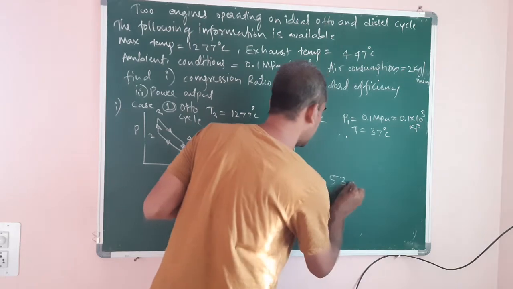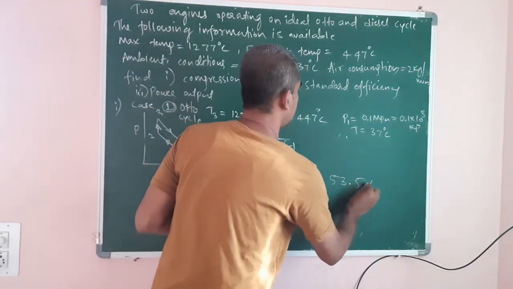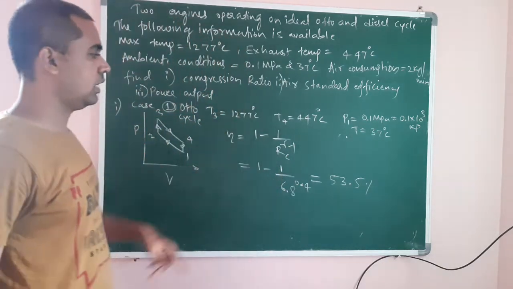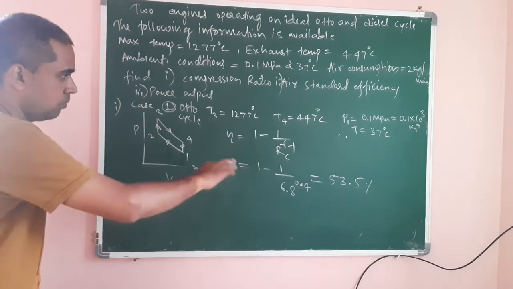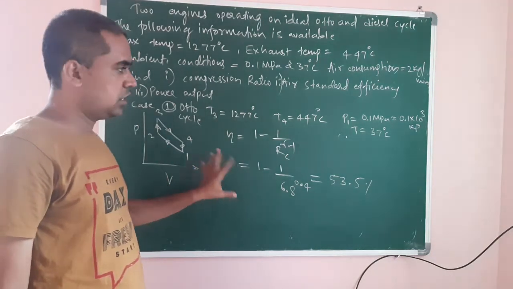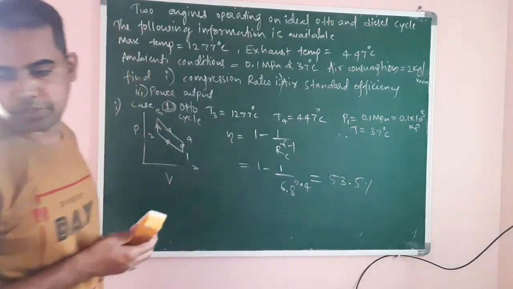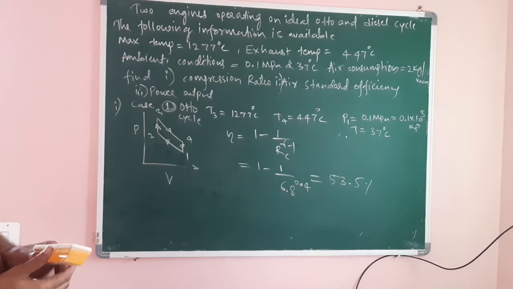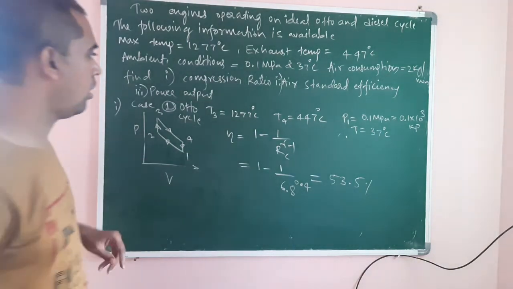Actually, I am not sure about this answer. If you calculate numerically, you will get whether it is 35 or 53, because both the answers have been written there. Now the efficiency of this one has been calculated.